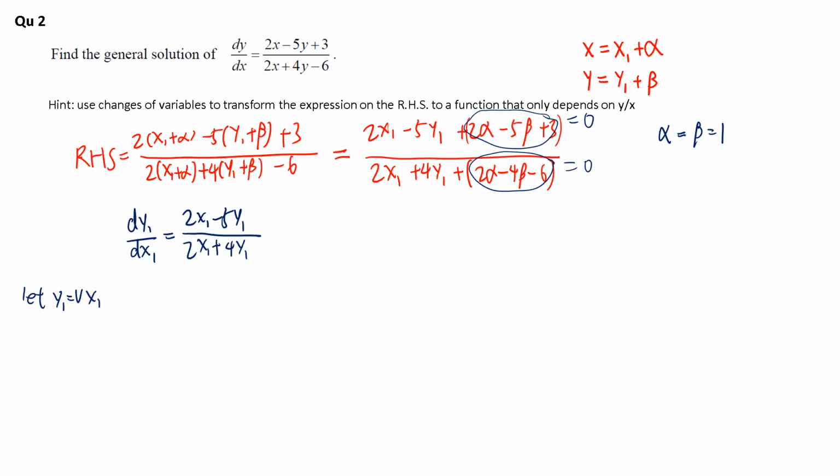I'll skip some steps, but what you realize is that x1 dv/dx1 equals (2 minus 5v) divided by (2 plus 4v) minus v. After that, again, separation of variables.